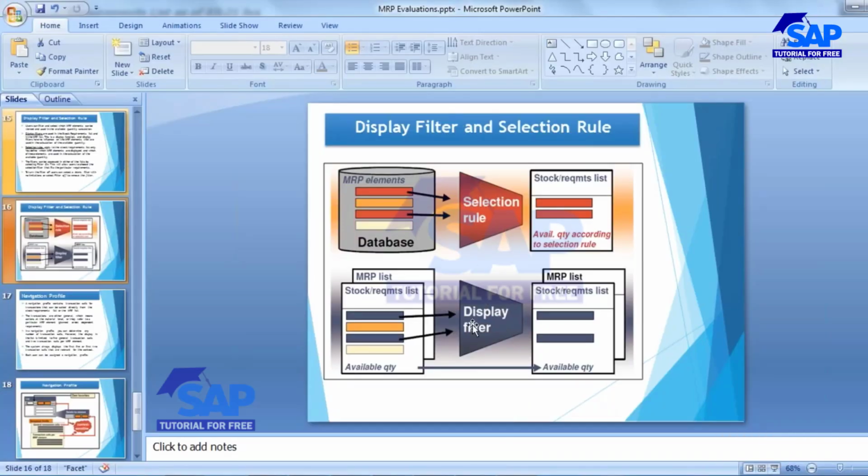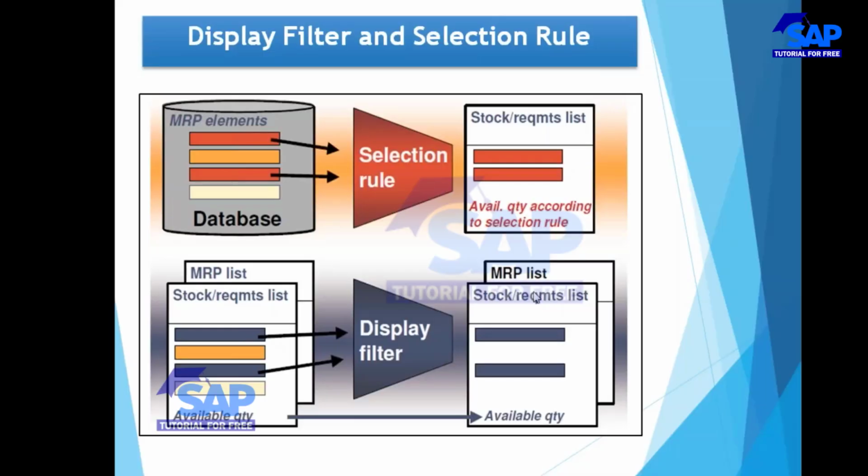Display filter can be used in both the MRP list and the stock requirement list. But selection rule can be used only in the stock requirement list. That's why I have shown you in the stock requirement list. Again, your interview question: can selection rule be executed in the MRP list?